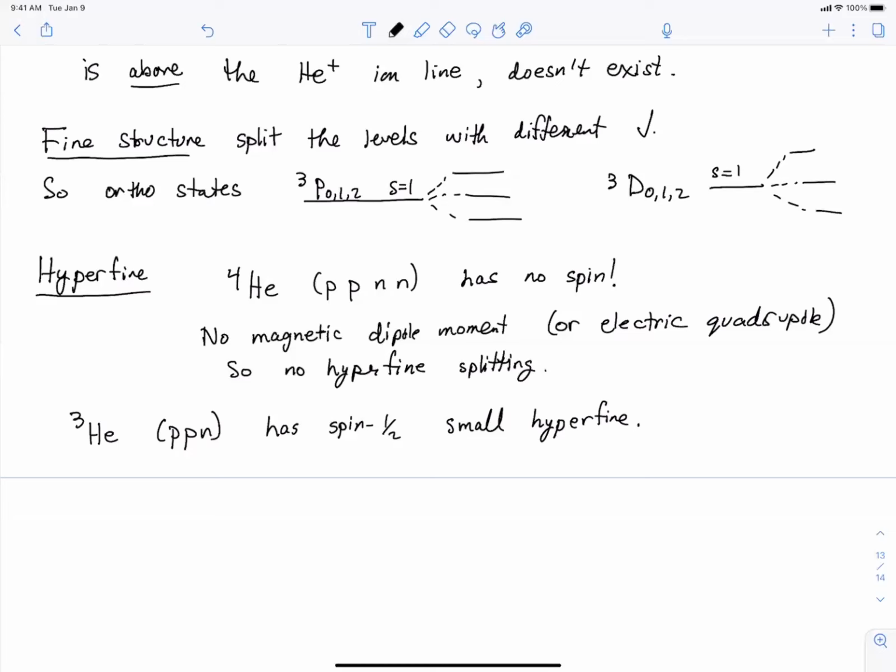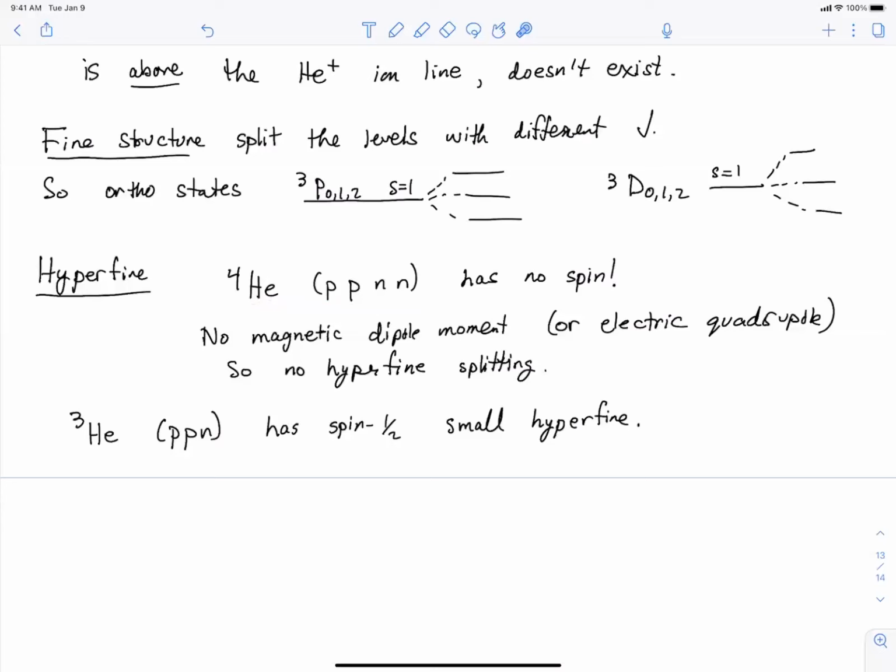Now the proton doesn't have any quadrupole moment, so when we did the hydrogen atom, we ignored that. For other atoms, you have to take it into account. But for the hydrogen atom, it was just the fact that the proton has a magnetic dipole moment that gave rise to hyperfine splitting. But for helium, there is no magnetic dipole moment, and so there's no hyperfine splitting for this isotope of helium.